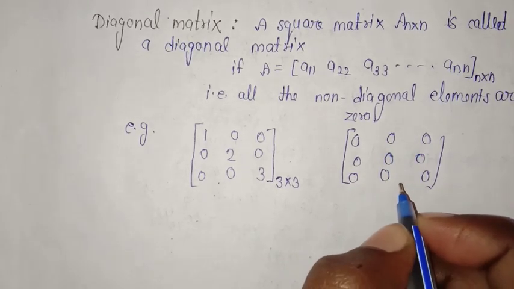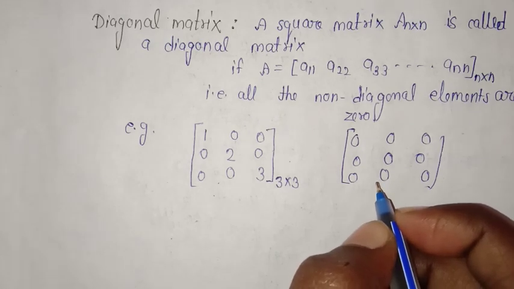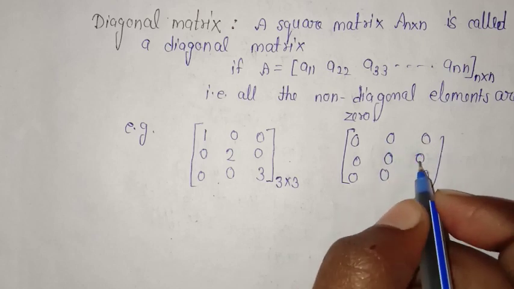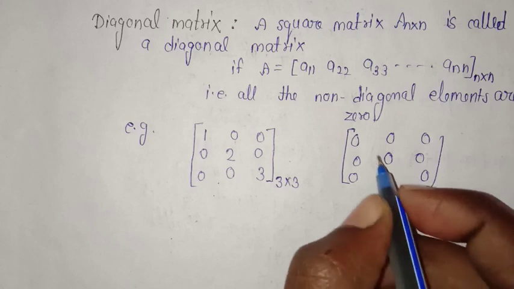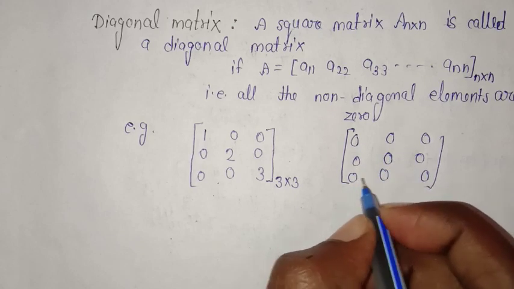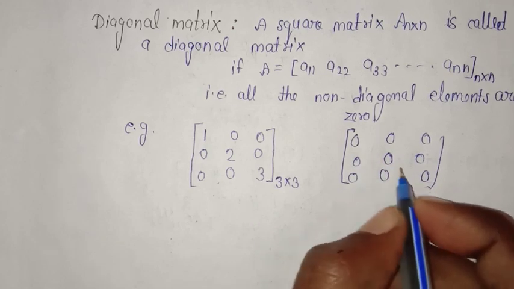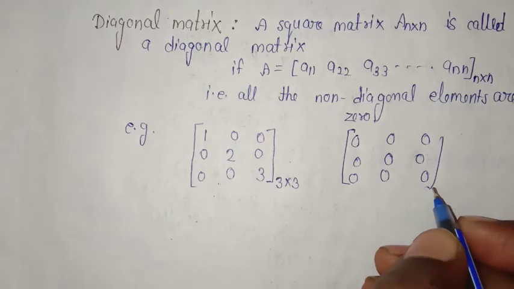If the non-diagonal elements are non-zero, we cannot say that the matrix is diagonal. In order to say that the matrix is diagonal, we have to check first that all the non-diagonal elements are 0. So in this matrix all the non-diagonal elements are 0, and the diagonal elements contain 0 elements, so this matrix is also a diagonal matrix.